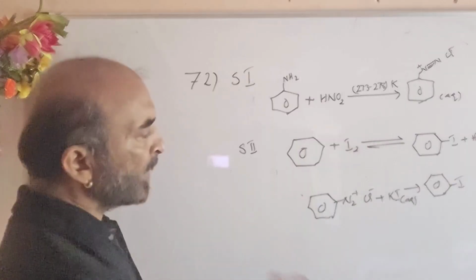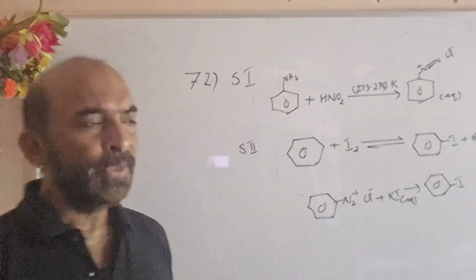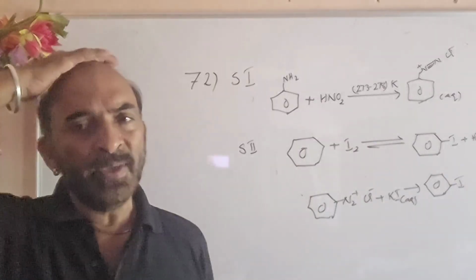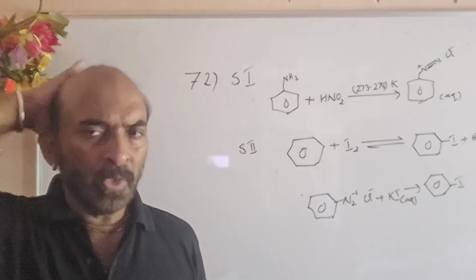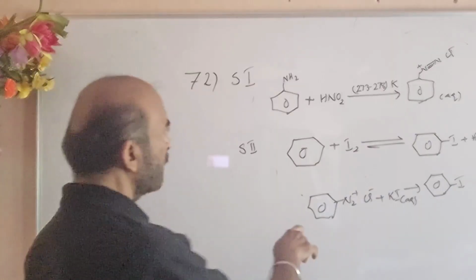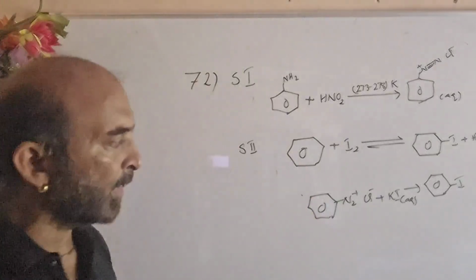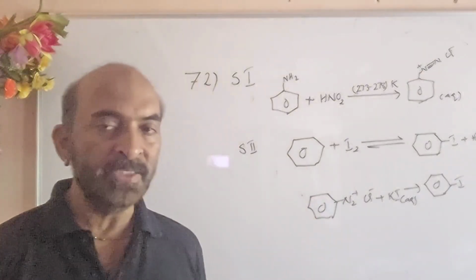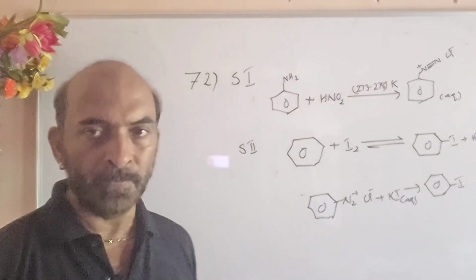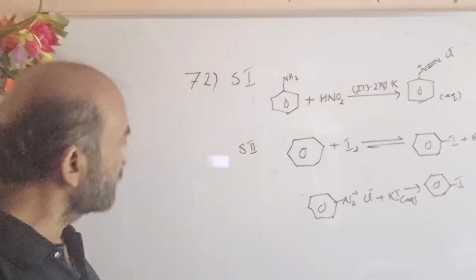It drives the equation back to benzene and iodine. So direct iodination of benzene is rather difficult. So what is the easier way? You prepare diazonium chloride and treat it with KI. Then you get iodobenzene by substitution of the diazonium group. So the second statement is also correct.